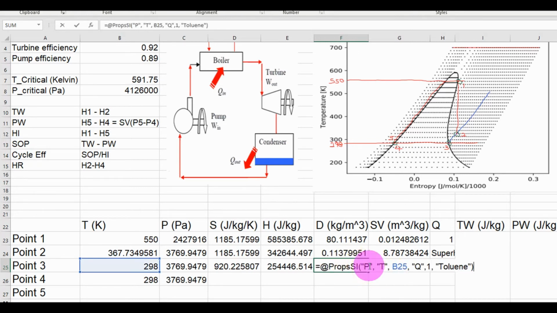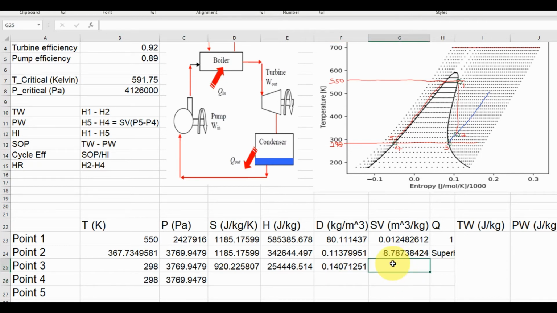So this will be D for density. And then we can calculate the specific volume at point 3. And the quality of the fluid here is 1. So next we go to point 4.